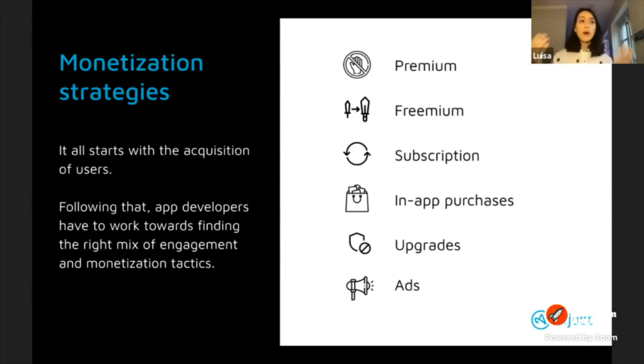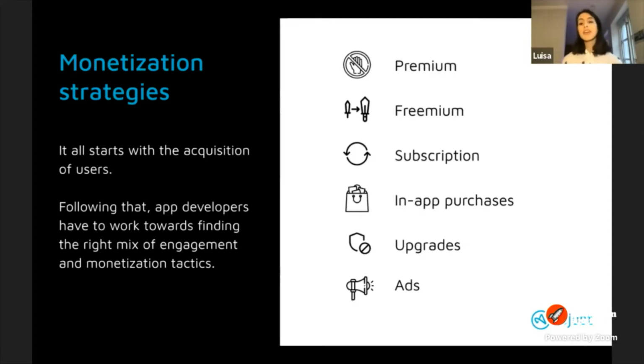It's the one-time fee that you pay to download an app or something like it. The freemium is something where you can allow people to have the experience, but if they want better, let's say, weapons in a game, you have to pay a little extra for that. Subscription, as we're going to see in more detail next, is when you have to pay a recurrent fee to keep having access to the features that your app is going to be providing.